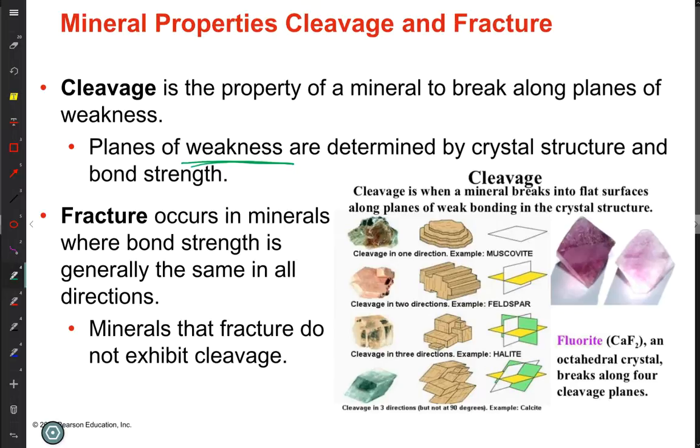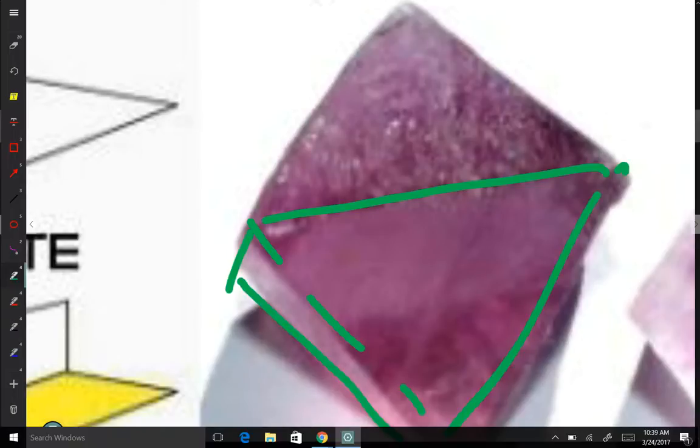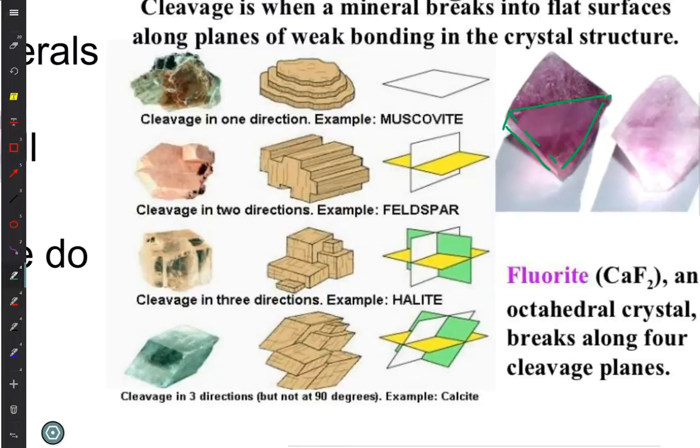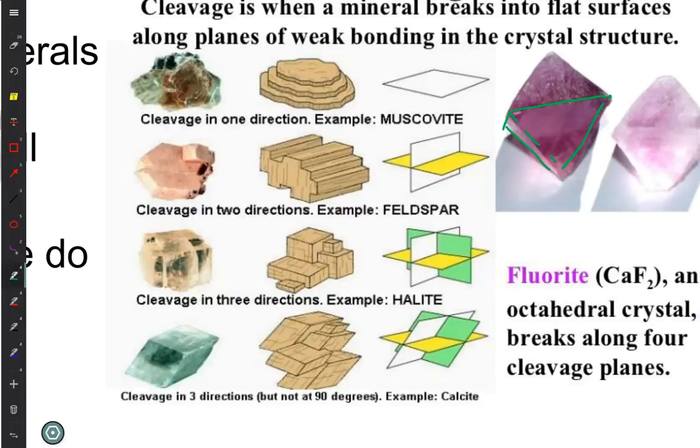So here is an example of fluorite that's been cleaved on this surface here as well as on this surface here. And you see it just formed nice, smooth surfaces. These pictures here, see the flat plane, the white plane, the yellow plane, white, yellow, and green plane.